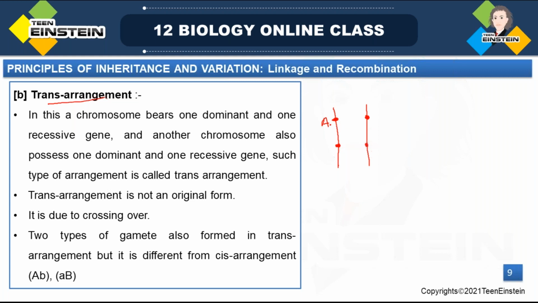But in this case, the first gene is dominant and the other is recessive, and on the other chromosome also, one dominant and one recessive gene. This type of arrangement is called trans arrangement.